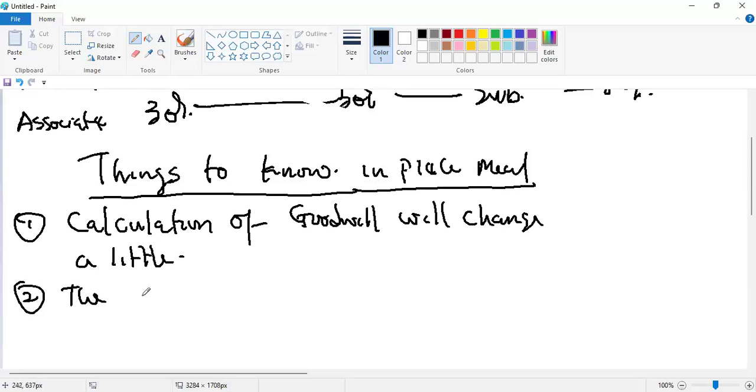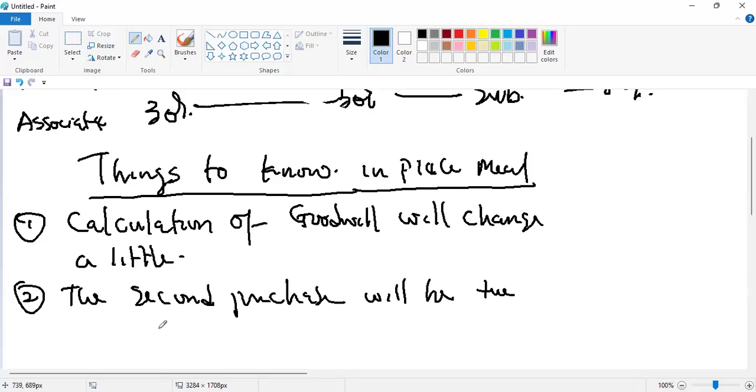The second purchase will be the date of acquisition.